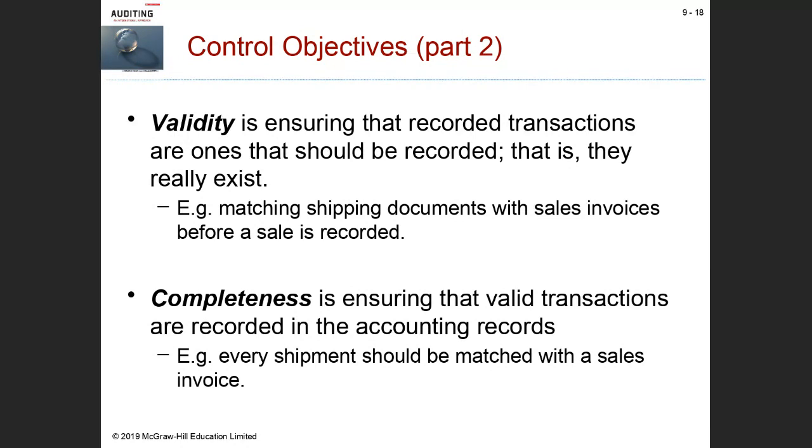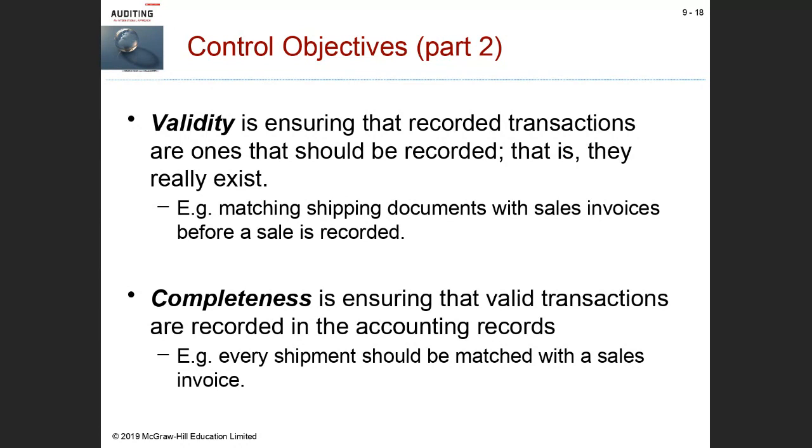Completeness. The internal control objective of completeness is to ensure that all valid transactions are recorded in the accounting records, right? So that means every shipment should be matched with a sales invoice. So if we have shipping documents, what this means is we track down all shipping documents to an invoice, right?